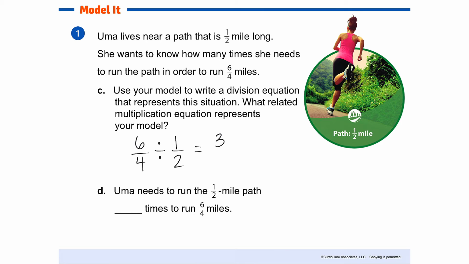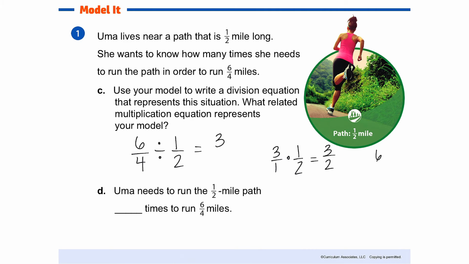And then it also says to write a multiplication equation. So I know that if I write it backwards here, this 3 for my quotient can also be multiplied times this to come out to be 6/4. So if I do 3/1 times 1/2, I would end up getting 3/2, which is the same as 6/4.